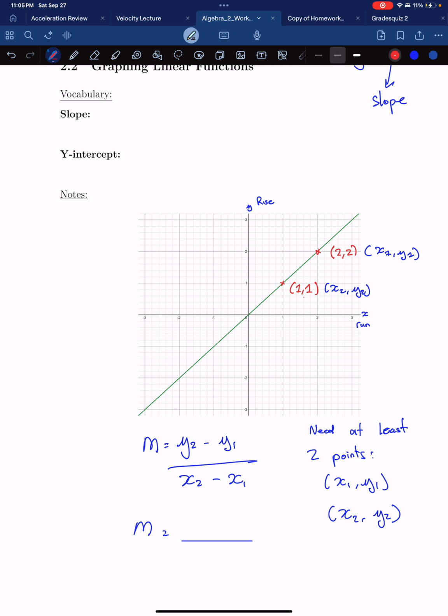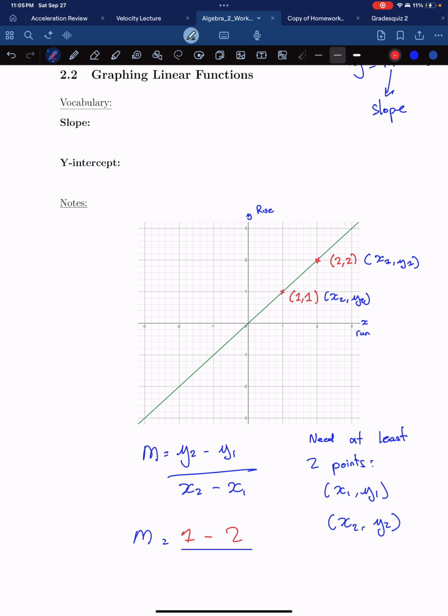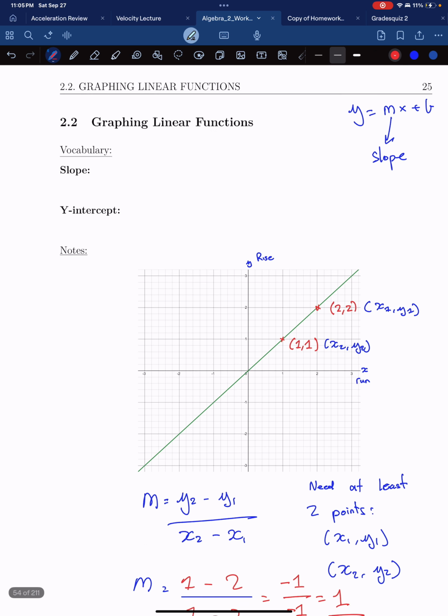My y2 here is 1, my y1 is 2, my x2 is 1, and my x1 is 2. So we have -1 over -1, which is equal to 1. My slope is 1.